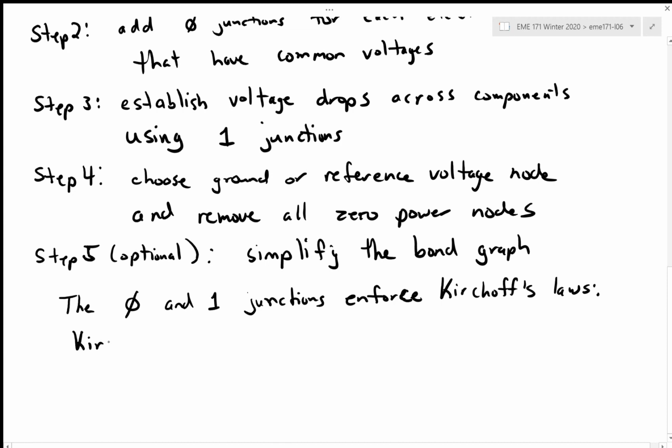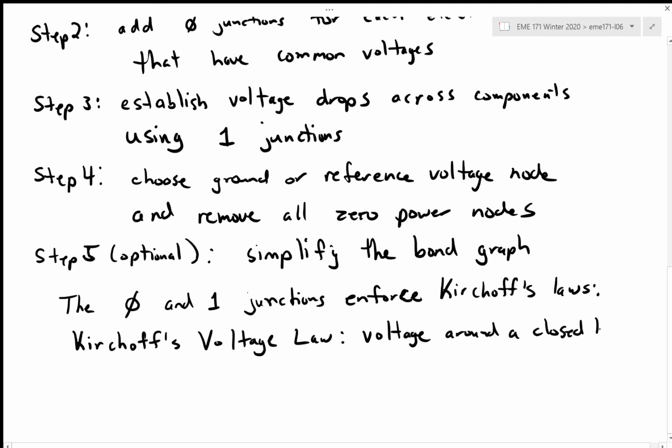If you dig back into your electrical introduction to circuits class, you should know that there is Kirchhoff's voltage law, and this tells us that the voltage around a closed loop must be 0.